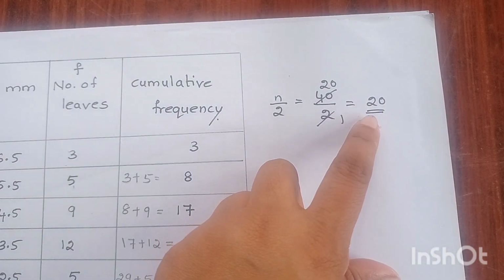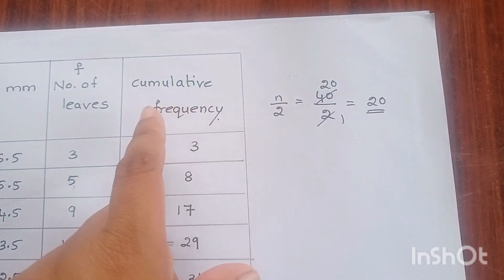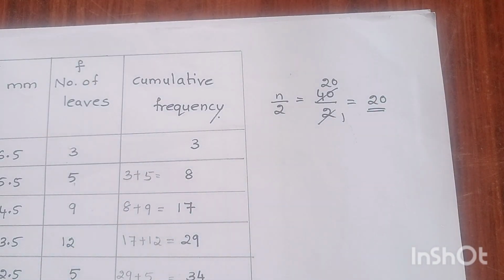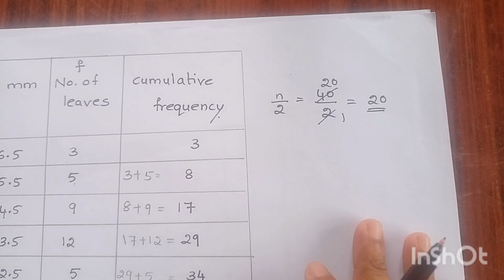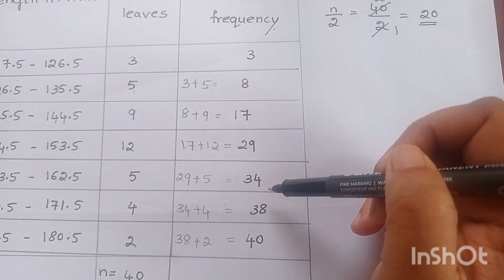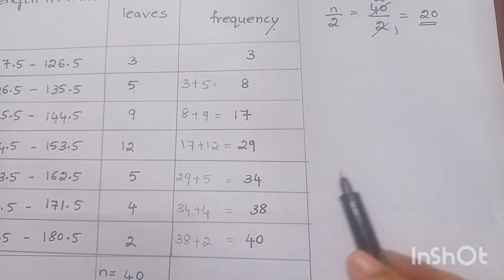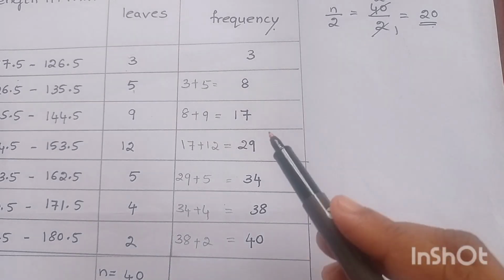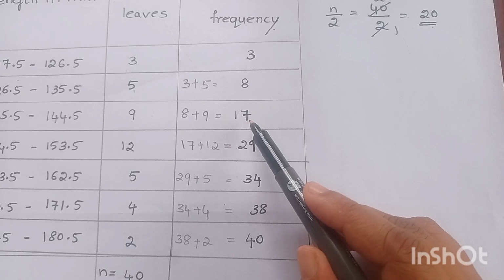Now we have to check in the cumulative frequency table where we will get this 20. The cumulative frequencies are 3, 8, 17, 29, 34, 38, 40. 17 is lesser than 20, so we should not take this one.